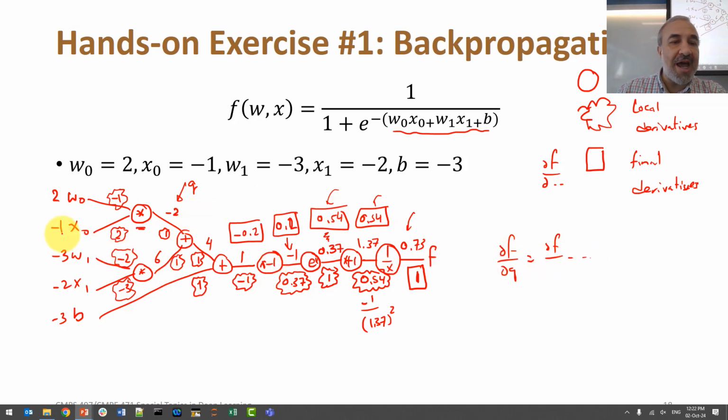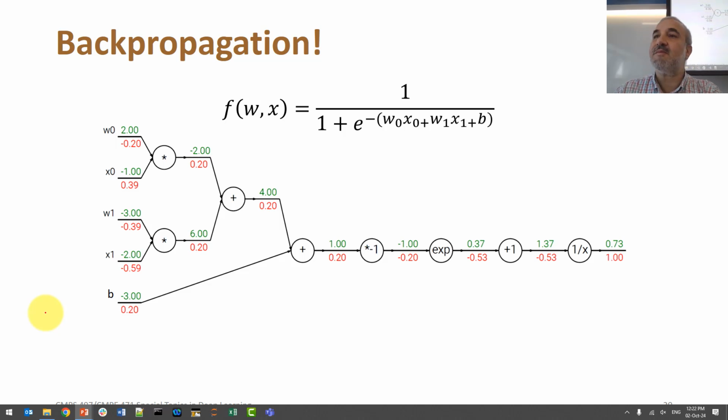So at the end we will compute the derivatives for the inputs, which is this.